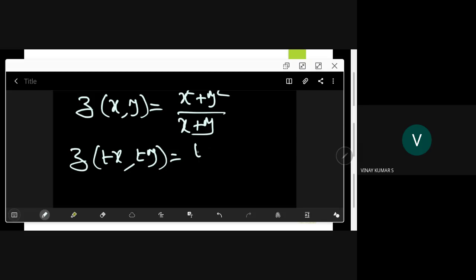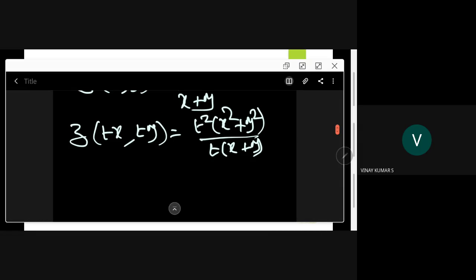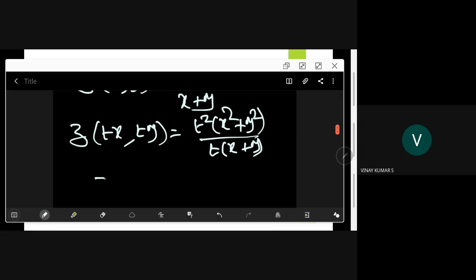So it is t square into x square plus y square by t into x plus y. In place of x, you are putting tx. In place of y, you are putting ty. So this is equal to t into x square plus y square by x plus y. So this is nothing but t into z.